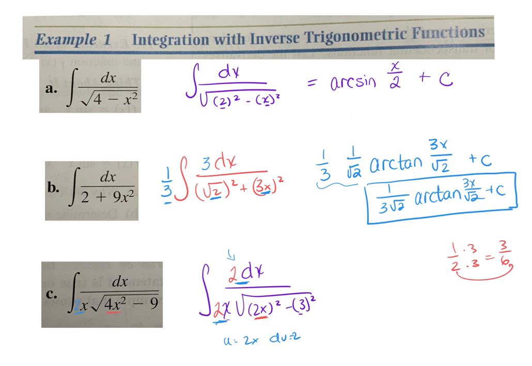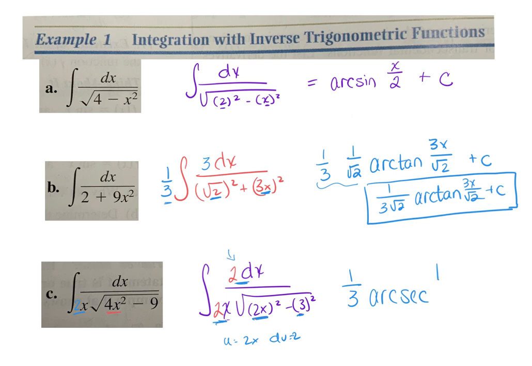So once I know that piece of it, then I can just go straight to my arcsecant. My arcsecant says I'm going to do 1 over my a. My a here is a 3. That's my a. And then arcsecant of my function, which is that 2x.